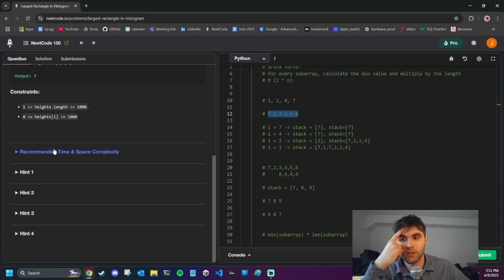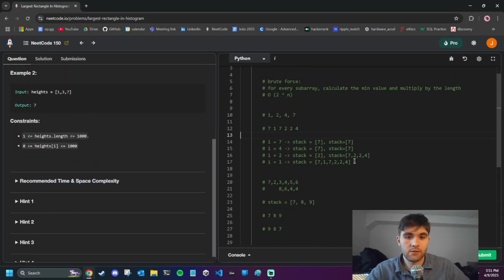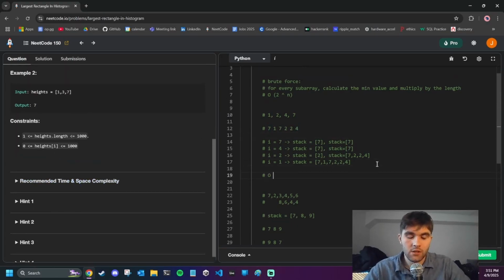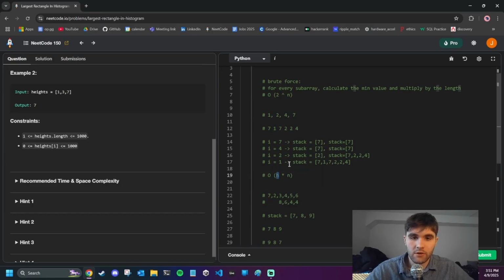So it would be h times n, where h is all of the different heights and n is the length of the heights.